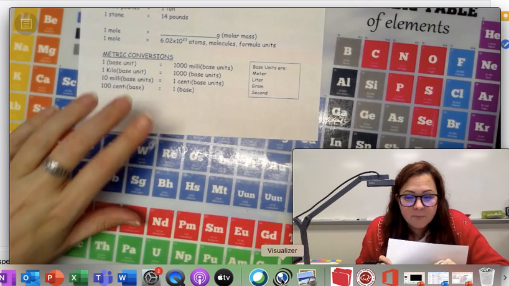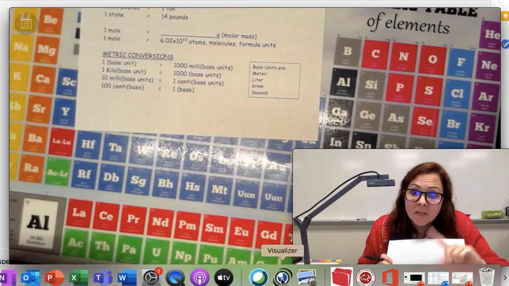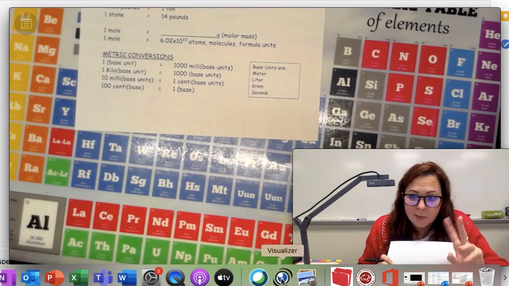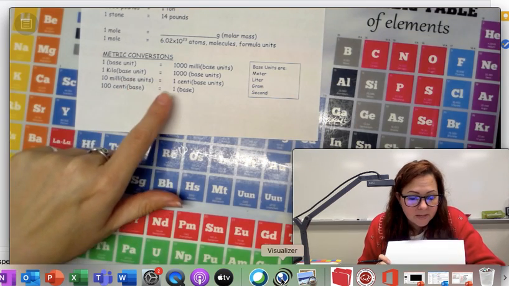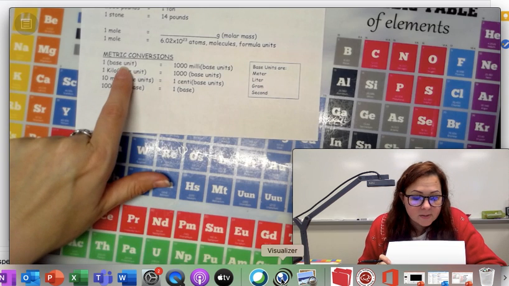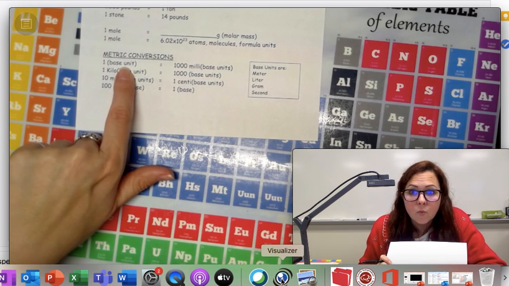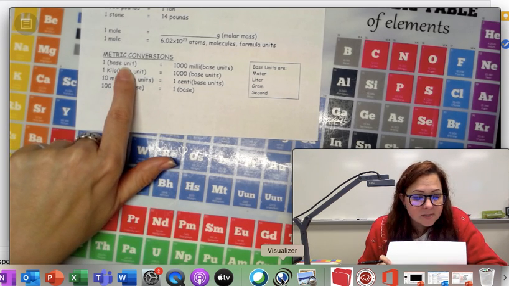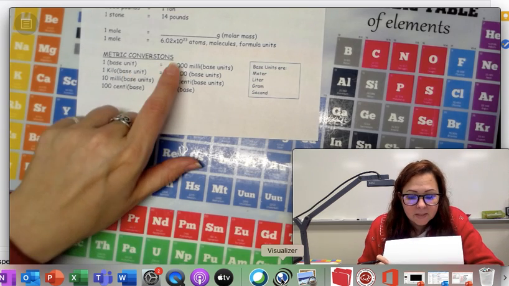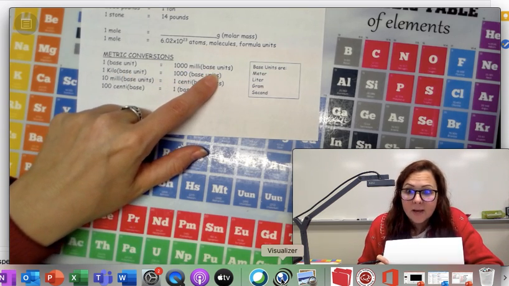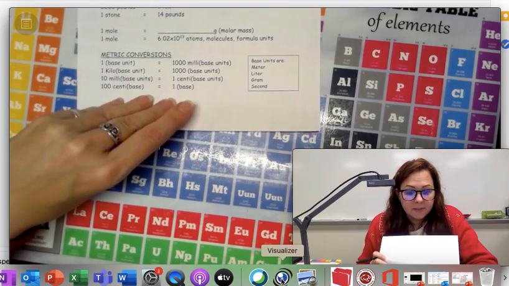When I go to the bottom of my paper, remember we need to get from milliliters to liters. So we're looking milli to base. So here we've got milli to base. Where it says base unit, I'm going to read the word liter. So this says 1 liter is equal to 1,000 milliliters. So that will bridge my gap from milliliters to liters.